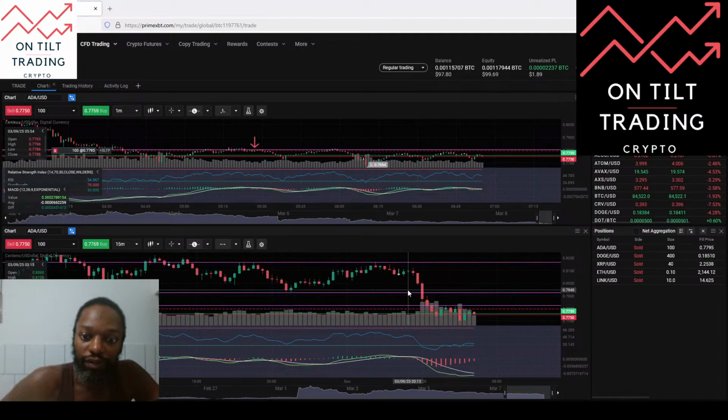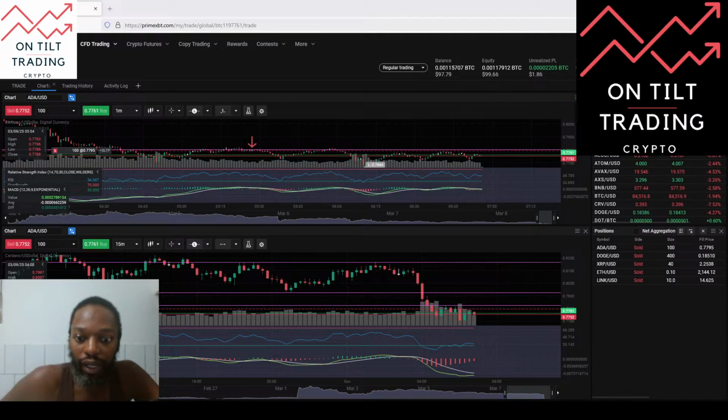So we can see here on the 15-minute, we've got oversold conditions. So this sell-off that we see here that I was interested in doing, this is R3 here.